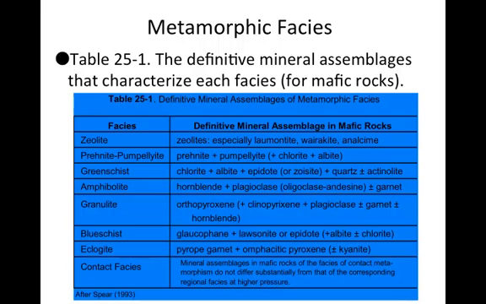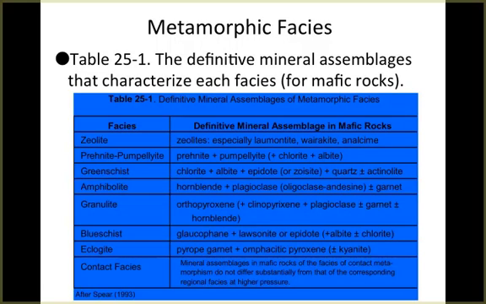Now, those examples were appropriate for metamorphism of pelitic rocks. Remember that the chemical components that go into the metamorphism and the minerals that we crystallize are going to be different if we're metamorphosing mafic rocks. And this diagram is showing increasing grade for metamorphism of mafic rocks in particular.